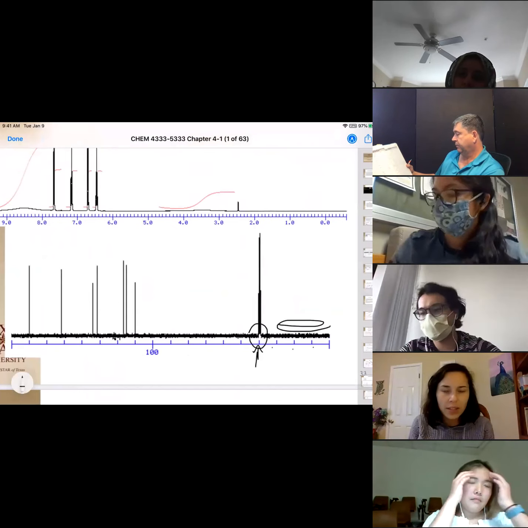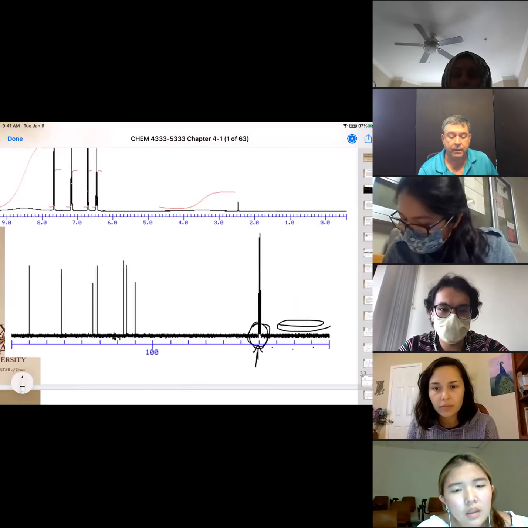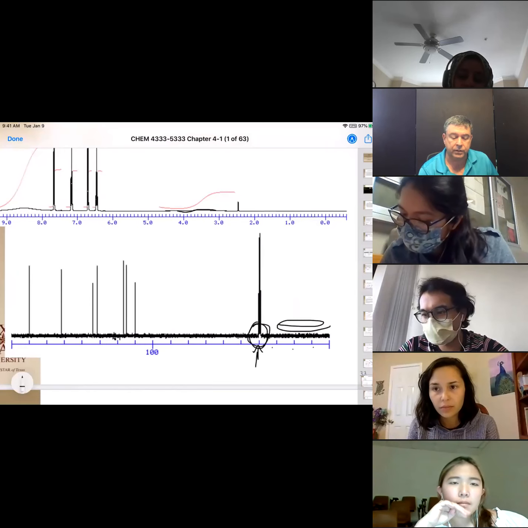Let's see, what does DMSO show up at? DMSO shows up at 40. Perfect, so we're in DMSO. This is our solvent peak for DMSO, which might account for the fact that usually in DMSO we see a nice sharp peak for exchanging hydrogens. That's interesting, and this is also our DMSO. Okay, so that's something to look at.